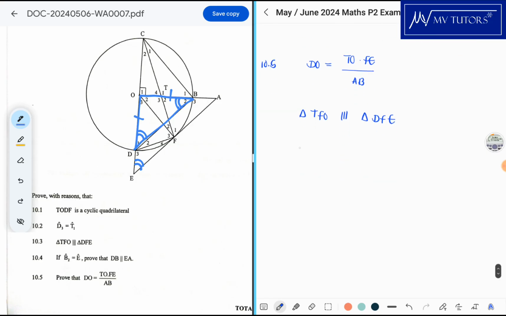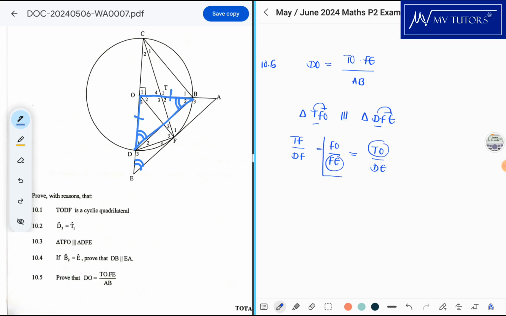Okay, so then I'm going to say TF over DF, start with these two, is actually equal to FO over FE, which is equal to TO over DE. Okay, so what do I have? I have TO there, so great. I have FE.